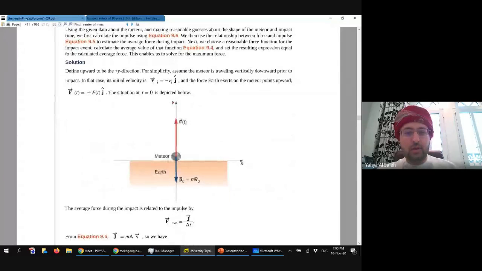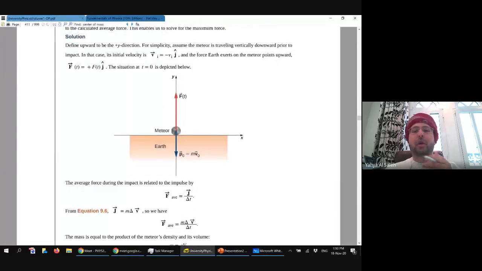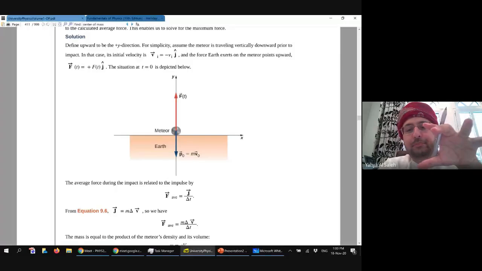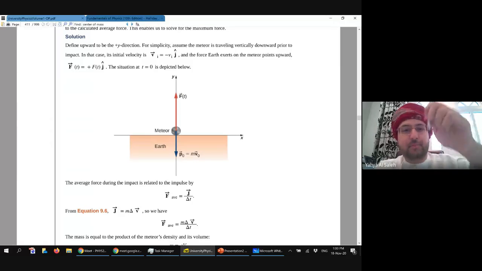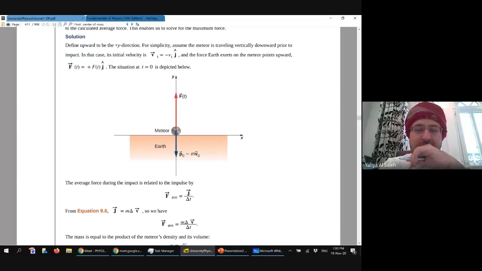To start with, we draw the problem. We have a meteor. It's falling down. I'll say up is positive, down is negative. And just to make it very simple, I'm not going to have the meteor come at an angle. I'll say it's falling vertically down, so I don't have any angles or any headaches. So my initial velocity is some number down.